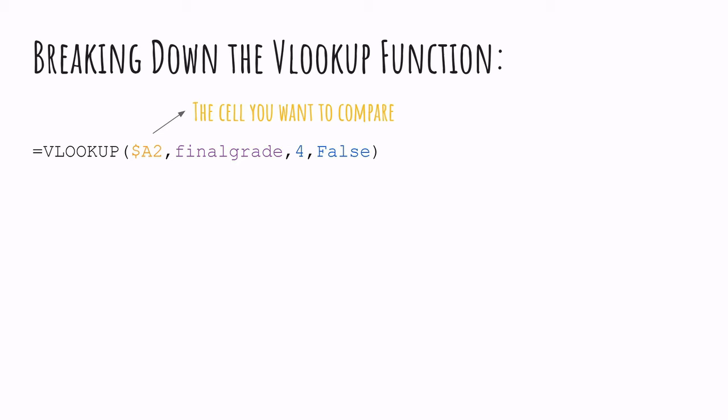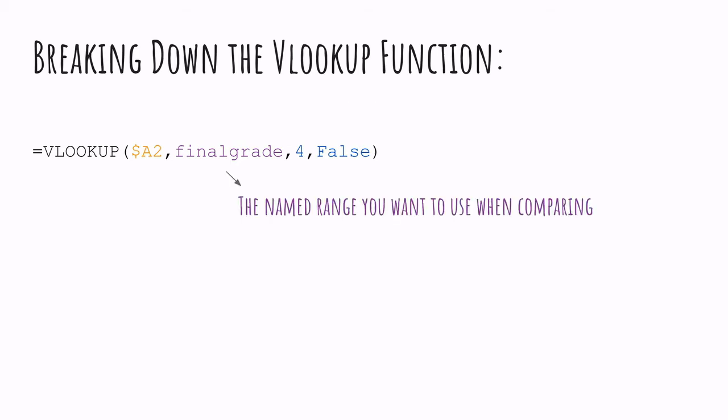I'll show you this a little bit later on, but the A is the column letter and the 2 is the row number. After the comma, the next part is the name range that you want to use. The thing I just showed you where you pick a whole section of data, give it a name, this is where that goes.